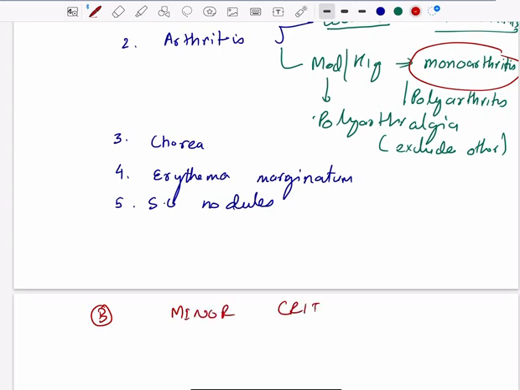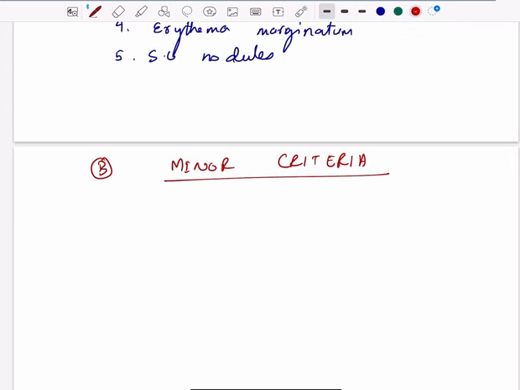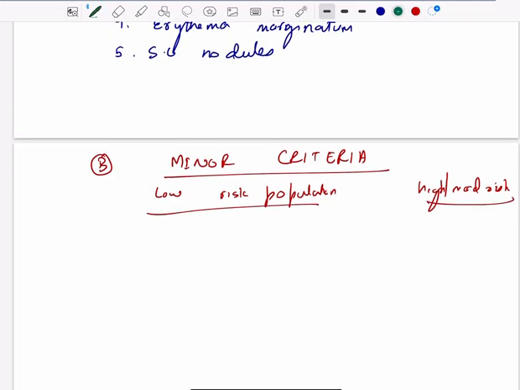Now for minor criteria, again we have to consider the population, whether it is low risk population or a high risk population. Criteria I have already explained, so I will not repeat it again here. We can revise it at the last. In low risk minor criteria, if the population is low risk population, it is polyarthralgia.